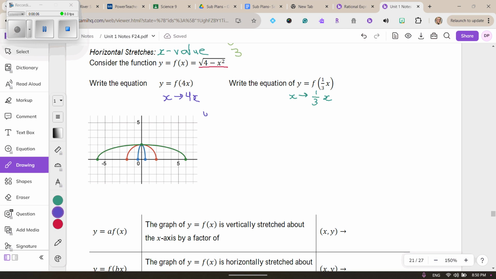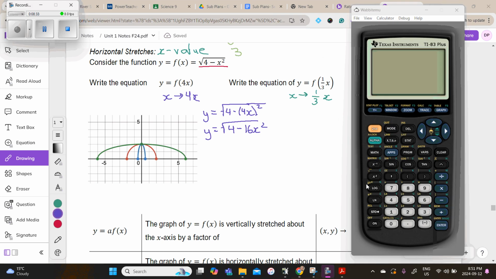For the first one, we have y equals the square root of 4 minus, with my bracket placement here, (4x) needs to be in brackets, squared. Expanding that just a little bit, we have y equals the square root of 4 minus 16x squared.